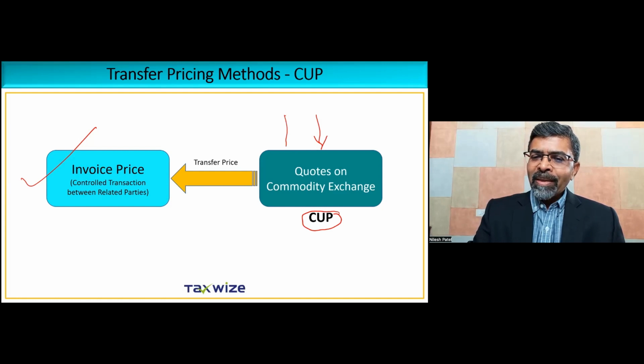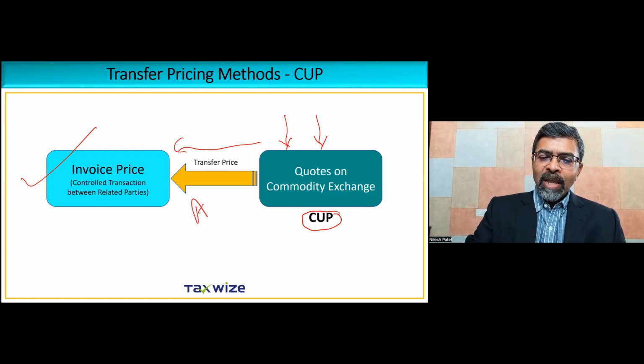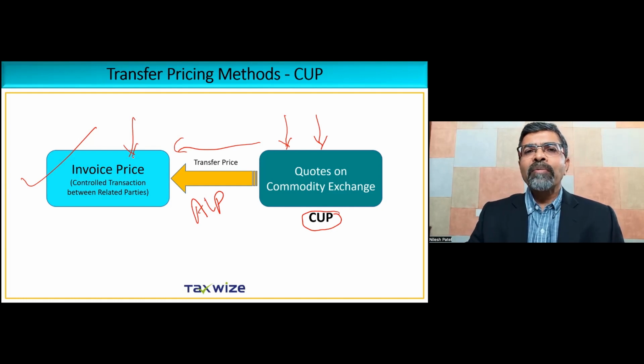And the average or median of these quotes can be taken as the arm's length price and can be put on the invoice for the transaction occurring between 2 related parties. That is how we can use CUP.